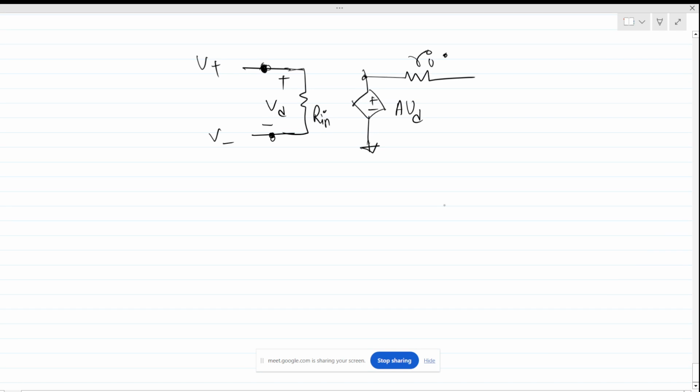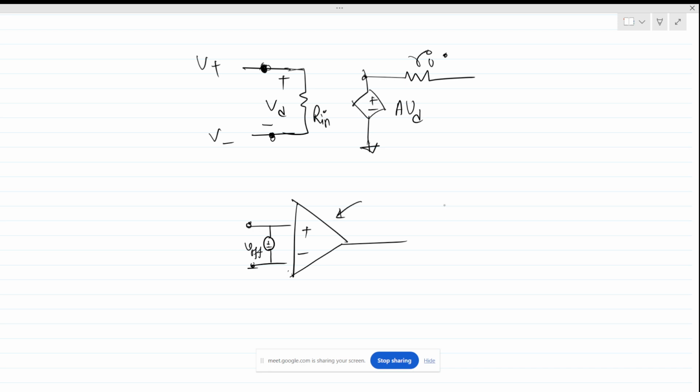In a practical op amp there is an offset. Offset means if we don't apply any input at these two terminals, by default there is a voltage source present there, inbuilt. Let's say this is V off. Because this amplifier is made up of transistors and there are threshold voltage mismatches, we all know, there will be an offset voltage across these two terminals.